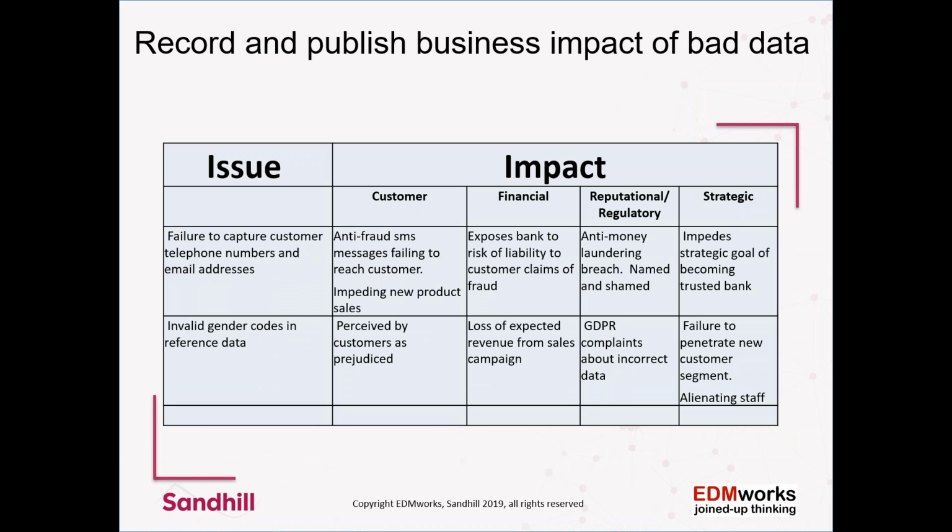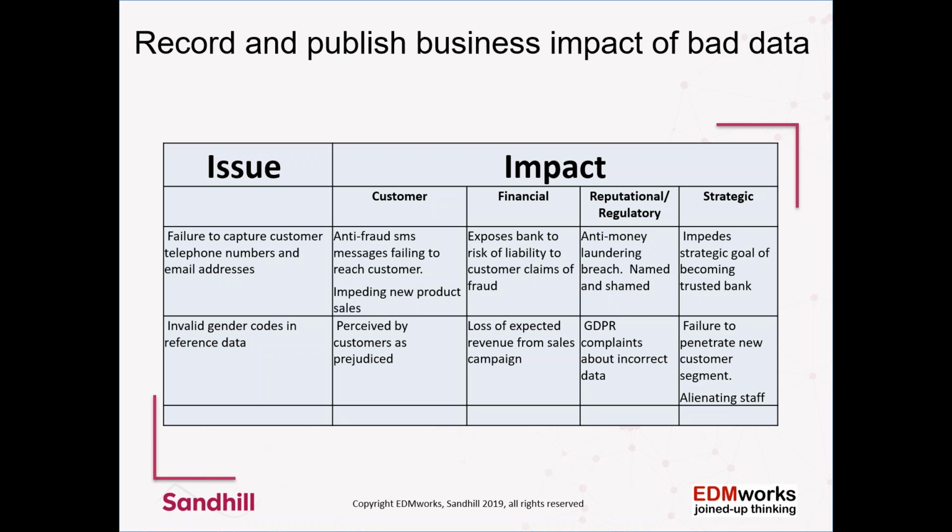The other thing you have to do, and you have to do this with your leadership and your senior management, is record and publish the impact of bad data. Bad data is a problem. It will cause problems, and it's no good just saying bad data is bad. We all know that. You need to express it, and how you express it depends on what's important to your organization.